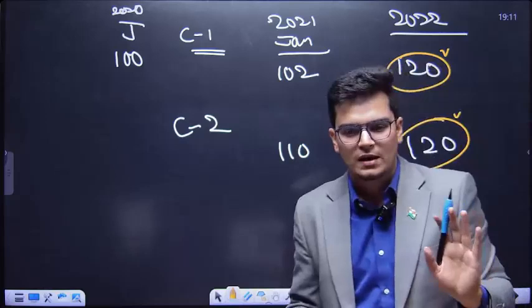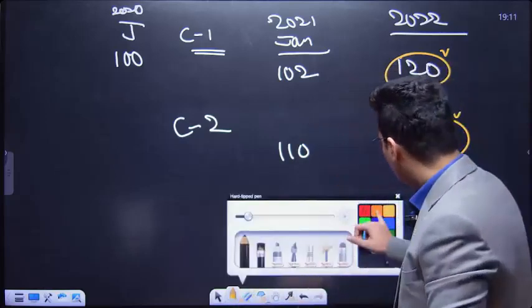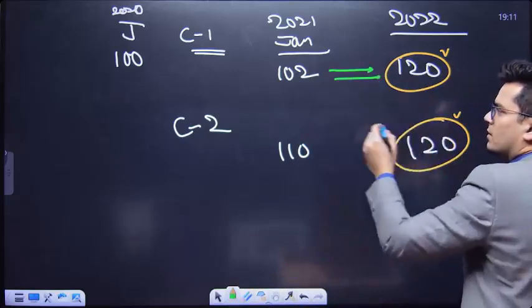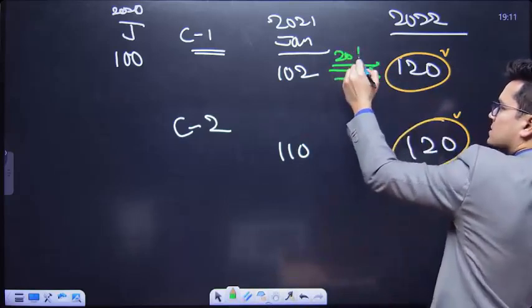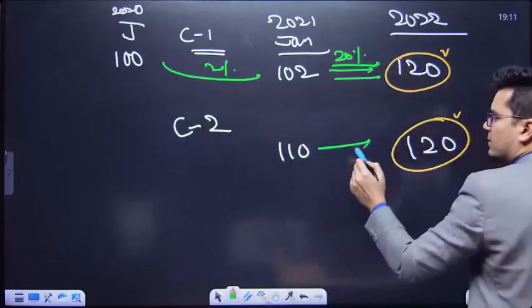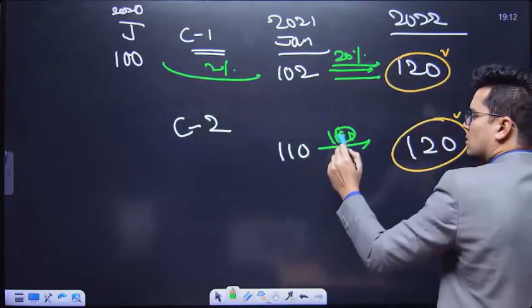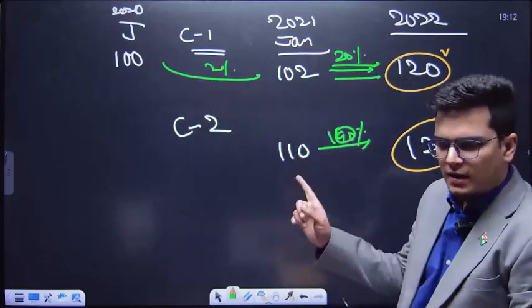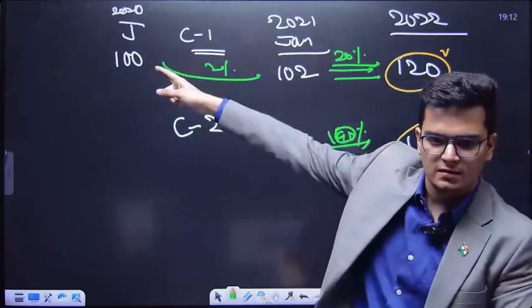But if I am measuring from here, then this will be almost 20% inflation, and this will be 2%, this will be 10%, right? That is why I cannot measure from the base year.